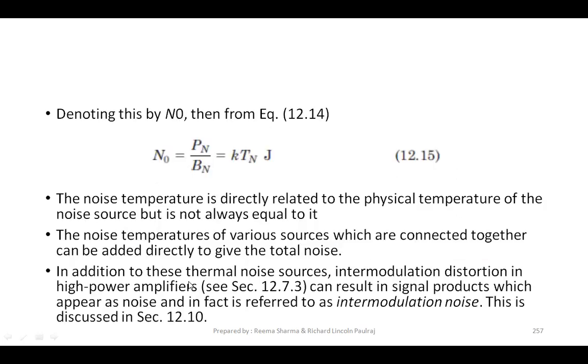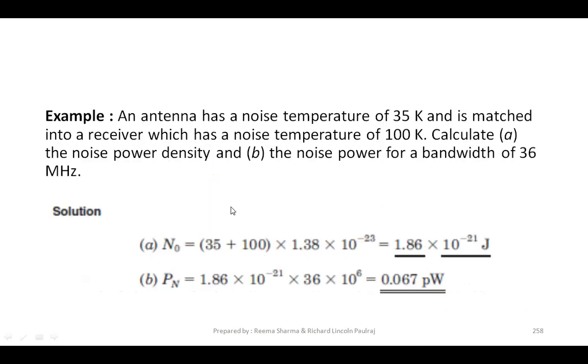Then Pn is N naught times Bn. I have N naught here, and the bandwidth is 36 megahertz, that is 36 times 10 raised to 6. Multiplying both, I get about 0.67 picowatts.